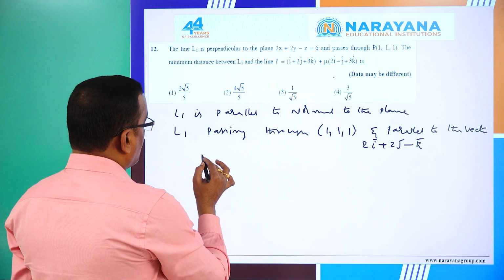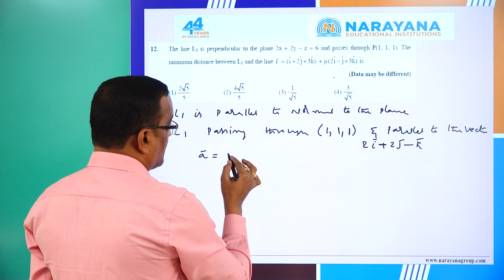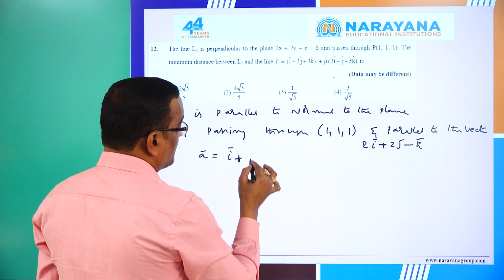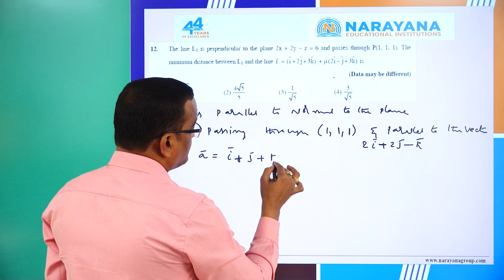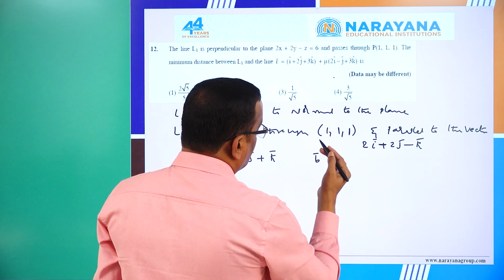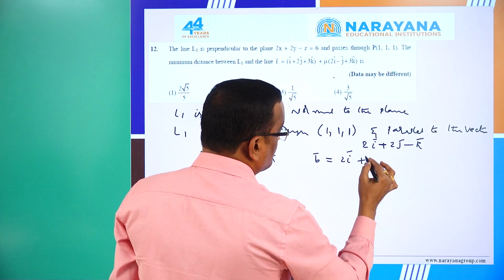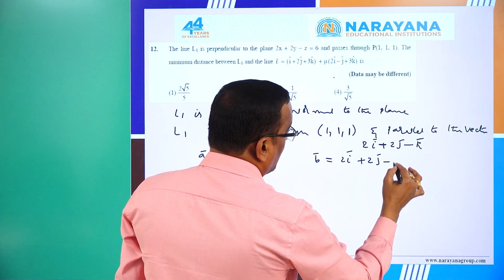So, we have a formula for shortest distance. Here A bar is the point on the first line, that is i plus j plus k, and B bar is a parallel vector to the first line, 2i plus 2j minus k.